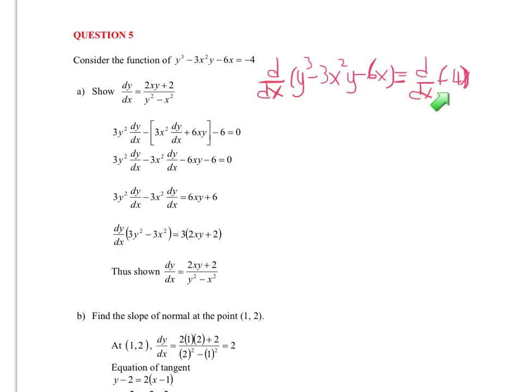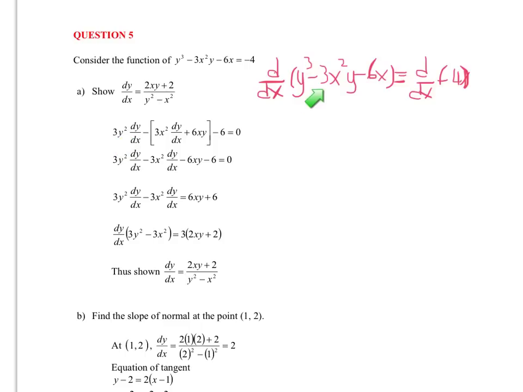Now the right hand side, minus 4, is a constant, so hence when you differentiate it, it will be 0. The y cubed is very simple, just differentiate it as if it's a normal power rule, so it becomes 3y squared. But because it's implicit, y is a dependent variable, so implicit differentiation says that you have to multiply the 3y squared by dy/dx.